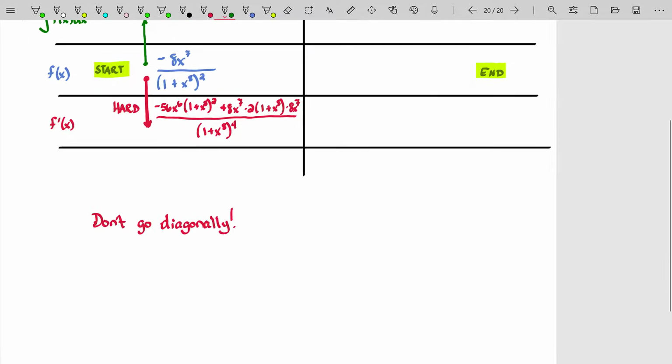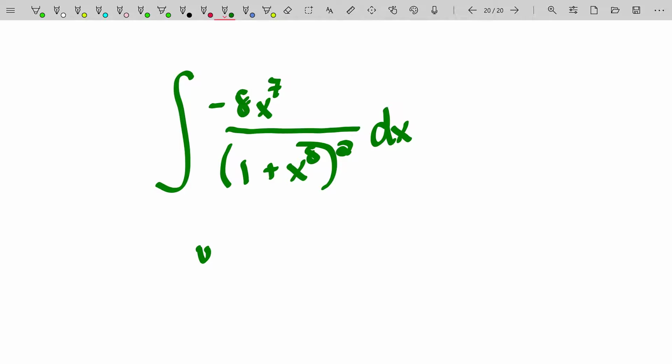Now that I'm going to go ahead and do down here, the integral of negative 8x to the 7th all over 1 plus x to the 8th squared dx. Well, if you take a look at that, a little u sub action will be very helpful. Let u equal 1 plus x to the 8th so that du will steal away an 8x to the 7th dx.